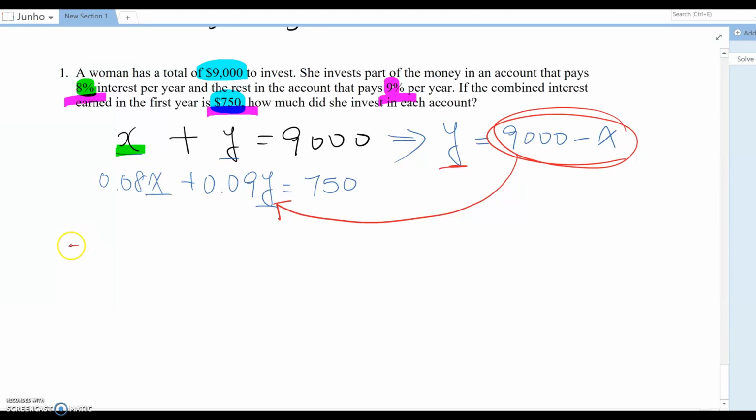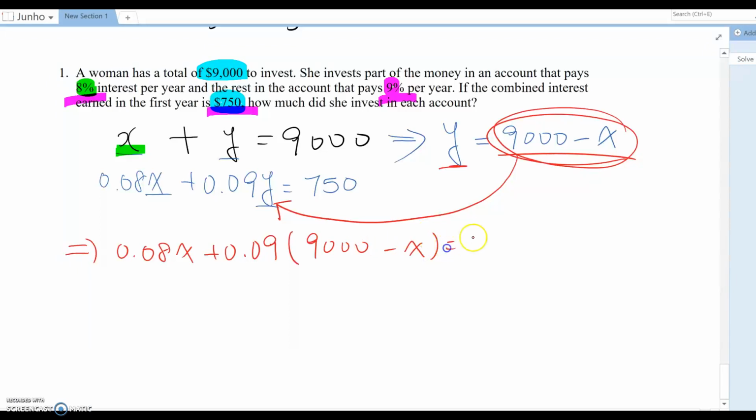Then this equation becomes 0.08x plus 0.09y, but we know y becomes this, so 9,000 minus x, equals 750. If you are good at calculating decimals, then just do it, but it is always better to switch to integer values. As you see, 2 decimal digits, 2 decimal digits.